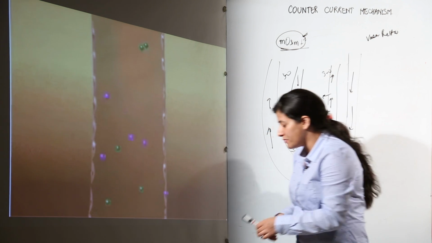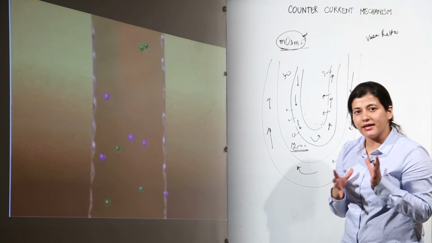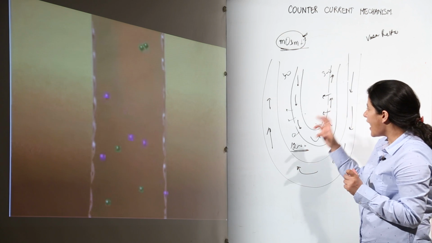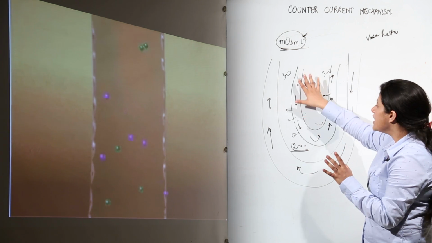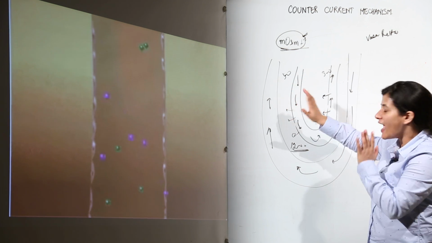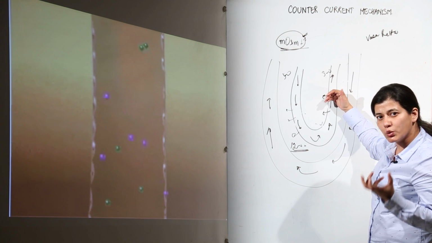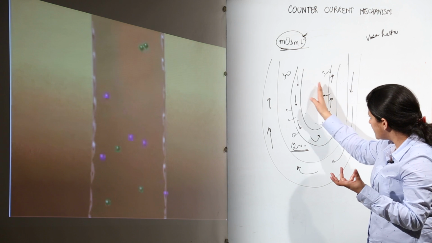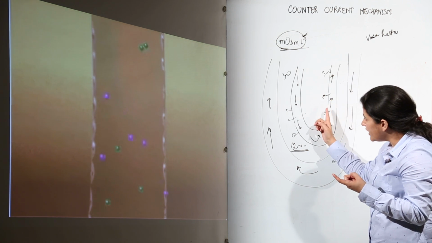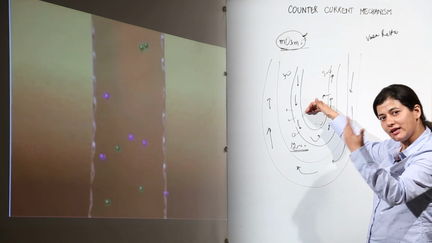Only thing you have to keep in mind that when you start understanding the countercurrent mechanism, you have to start it from a condition where this flow is stopped, and it starts from here where the thicker segment takes up the sodium ions. When it takes up the sodium ion, it goes to the interstitium. The interstitium passes it to the descending limb again.